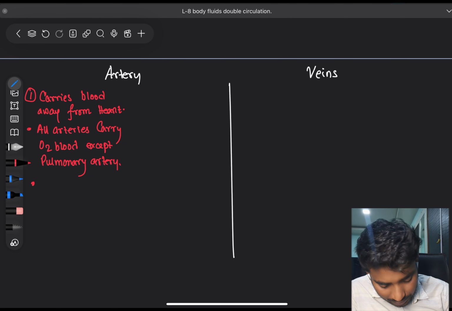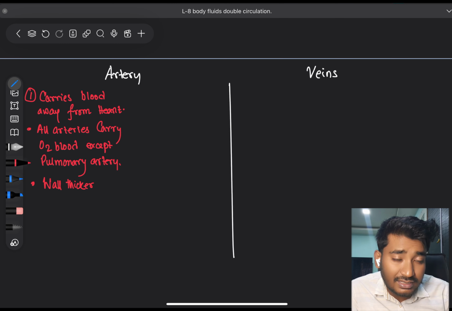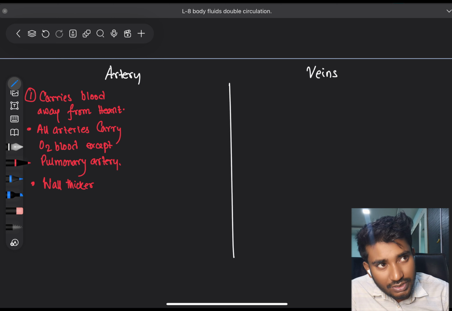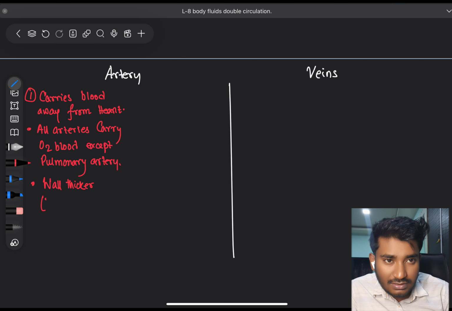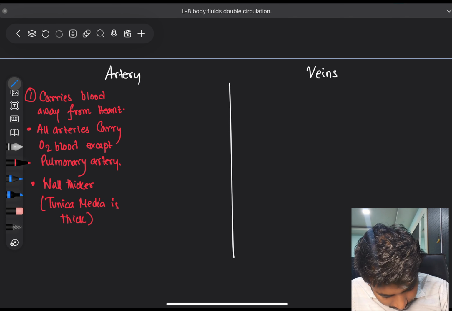Point number 2, wall thicker. Tunica media is thick. There are 3 layers of the artery, and the middle layer is called the tunica media. It is thicker in case of artery. The lumen is small.